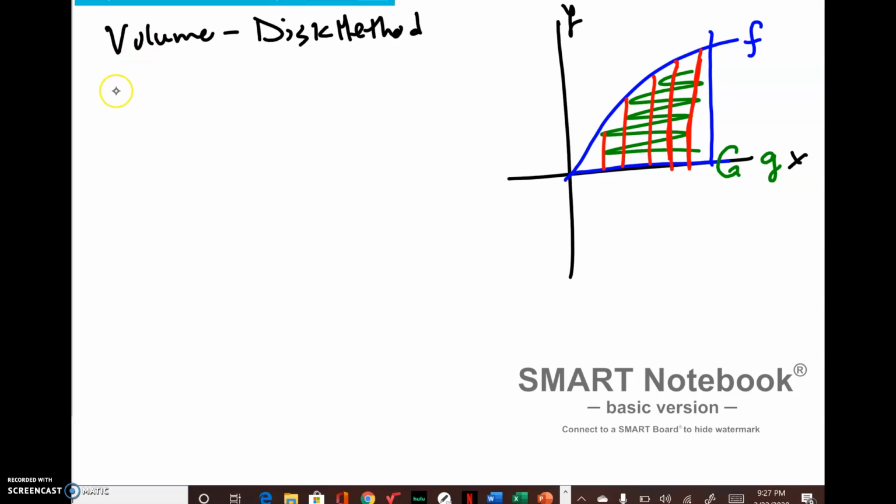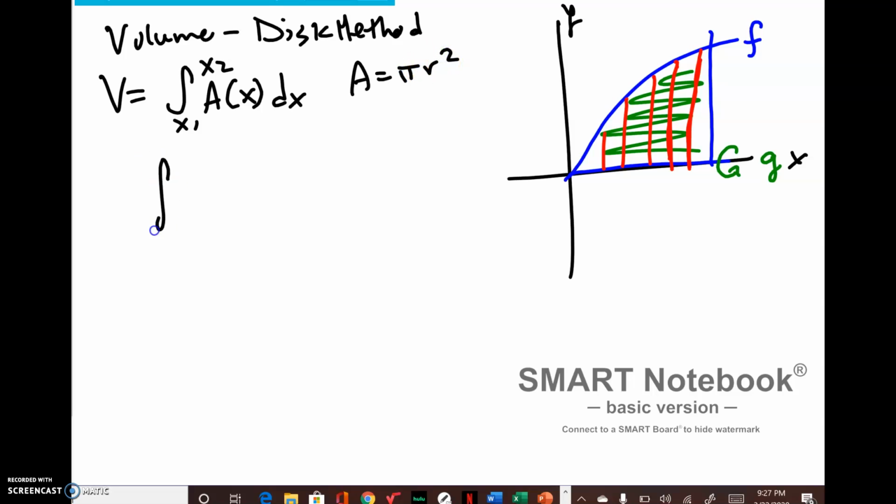So since volume is the integral of area, and each cross-section is a circle, the area formula for a circle is pi r squared. So our volume is equal to pi, and we're going to do more generally, r of x squared dx from x1 to x2.